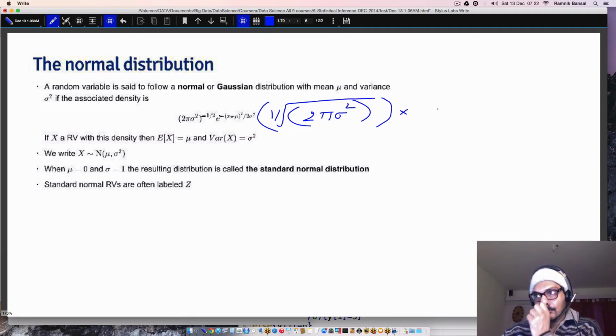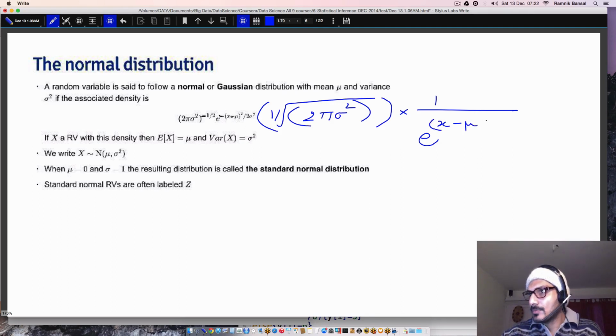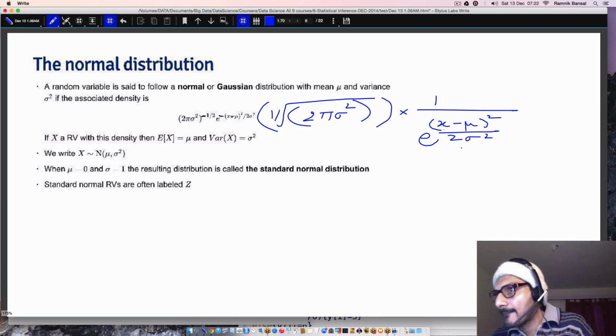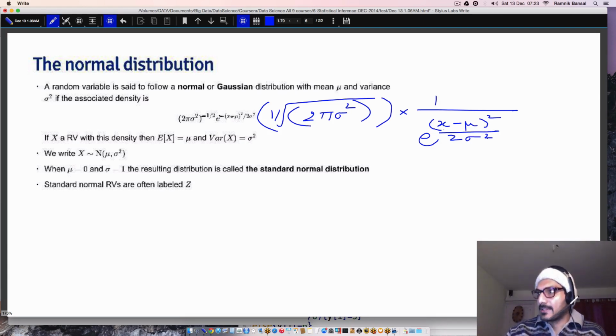Into, I can say 1 upon e raised to power x minus mu, the whole square, divided by 2 sigma square. All right. So this is what it looks like. Is this fine? So this is my probability density function for x. All right. This is the normal distribution.